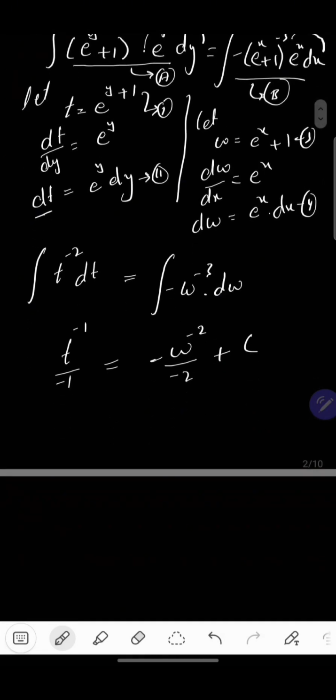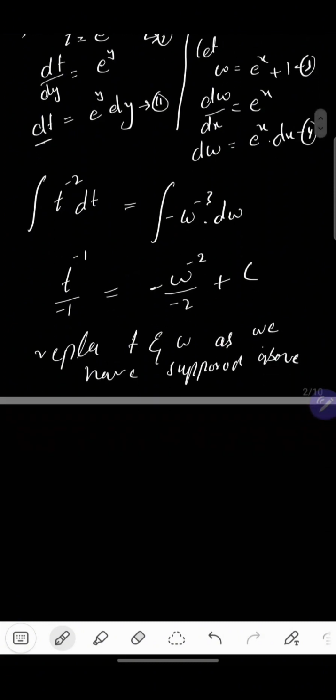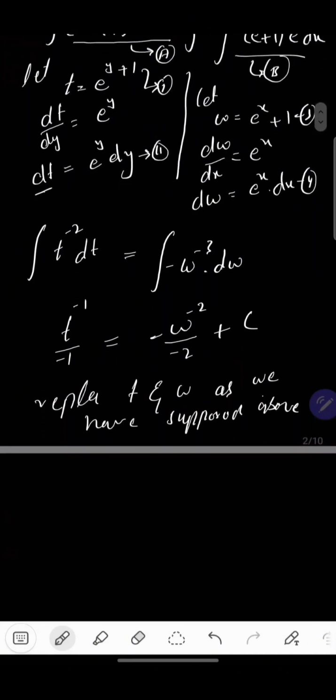Now we have to replace t and w again as we supposed above, from equations 1 and 2. Since t is equal to e^y + 1, we write (e^y + 1)^(-1) divided by minus 1.